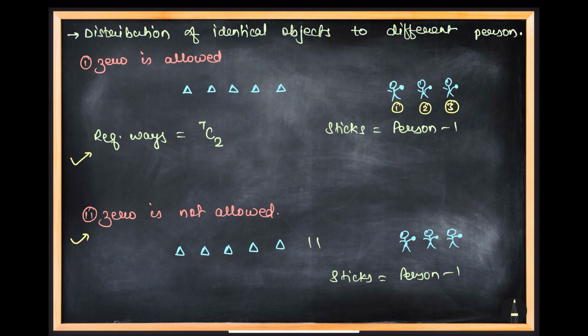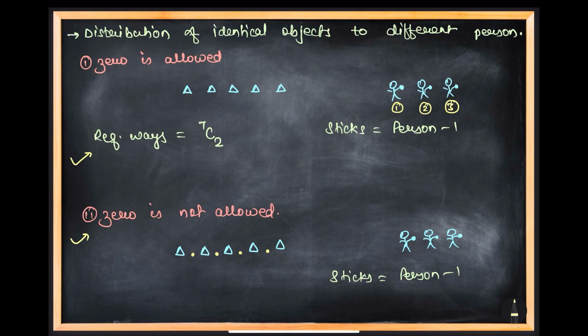Now suppose we are in the situation where 0 is not allowed. You have to give at least 1 samosa. In that case, you know that you can't place your stick at this position. The moment you place your stick over here, this group of samosas has to be taken by person number 1, which means he will have 0 samosas, so that is not allowed. You can place your stick somewhere here, here, and here.